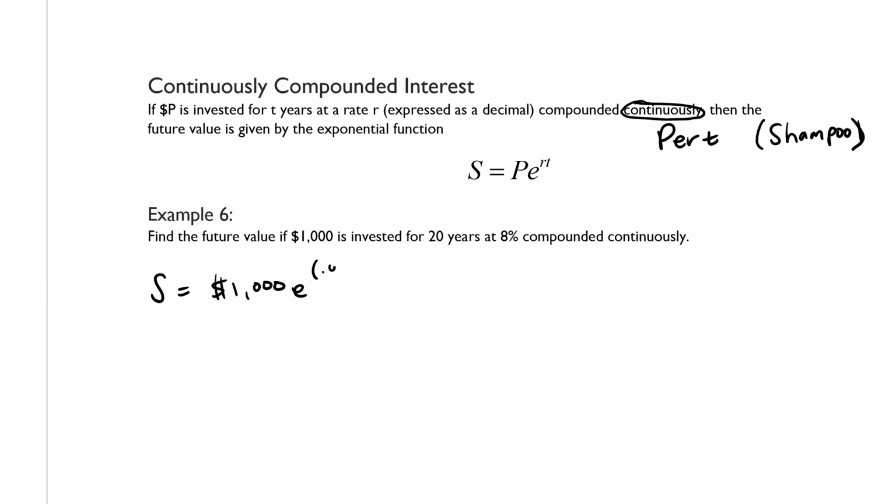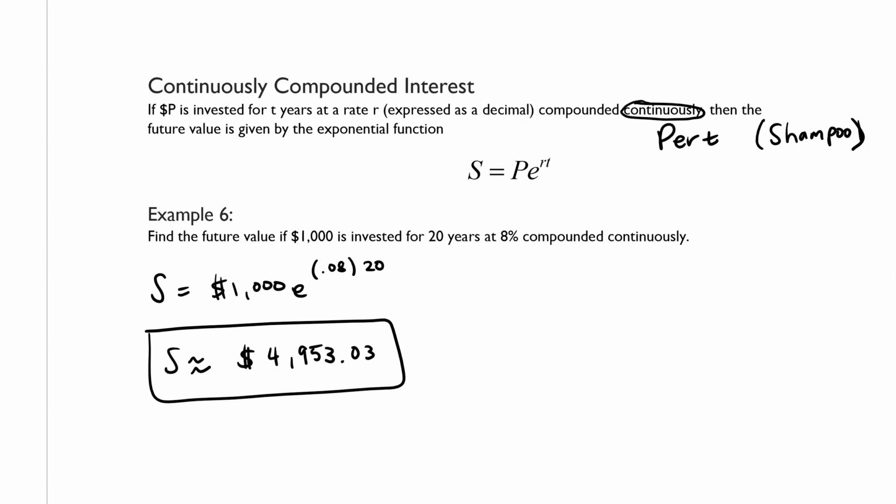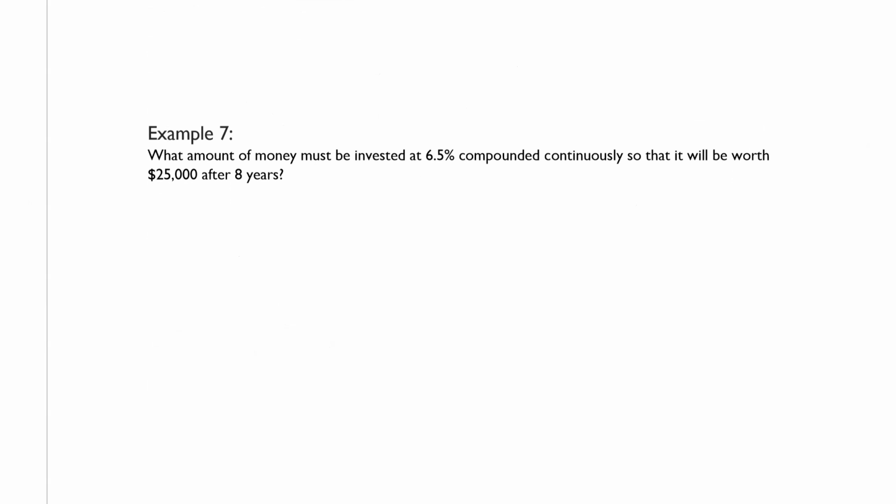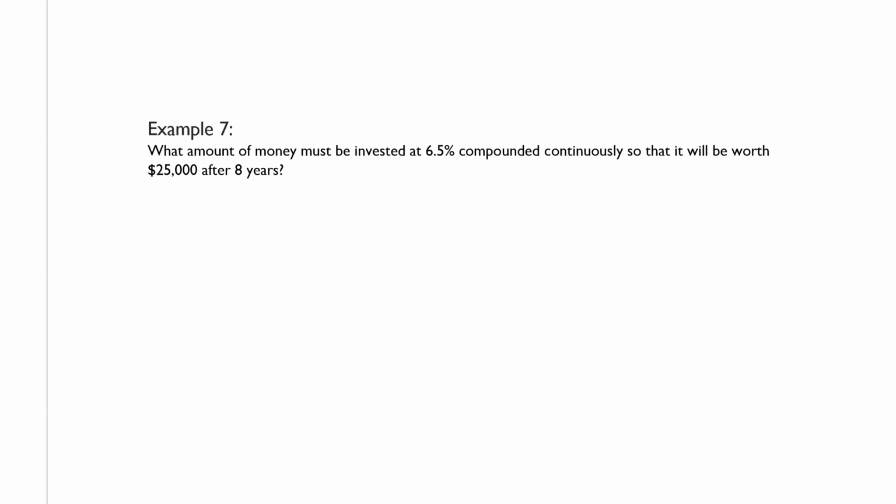Our interest rate is 0.08, and then the number of years is 20. So if we throw that into our calculator, you should get that the future value is approximately $4,953.03.